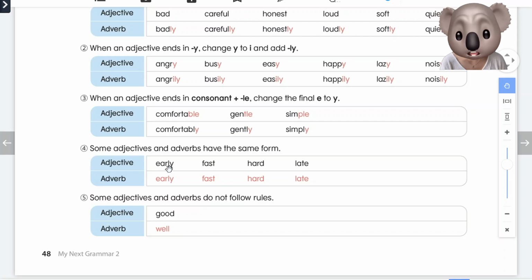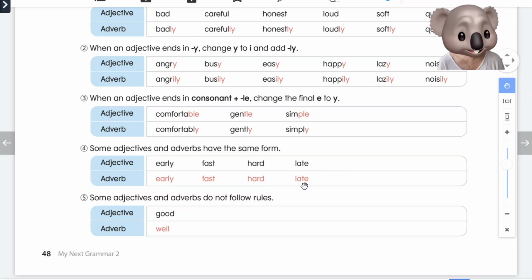Comfortably. But there are some adverbs that are the same as the adjective. For example, early as an adjective is 이른. Early as an adverb is 일찍. Fast, 빠른. Fast, 빨리. Adjective hard, 딱딱한. Adverb hard, 열심히. Late as an adjective is 늦은.